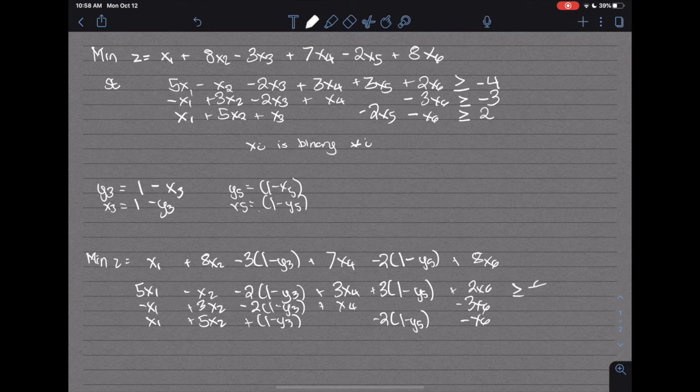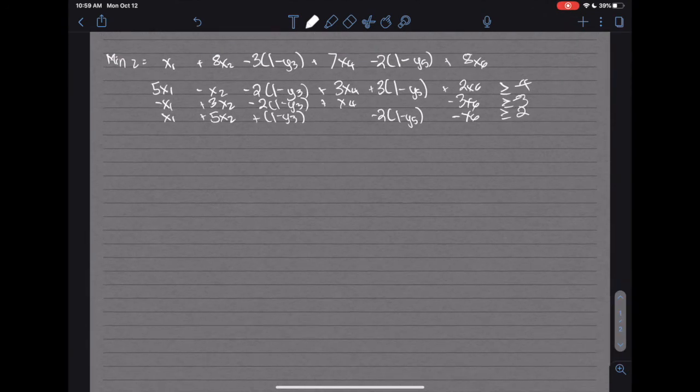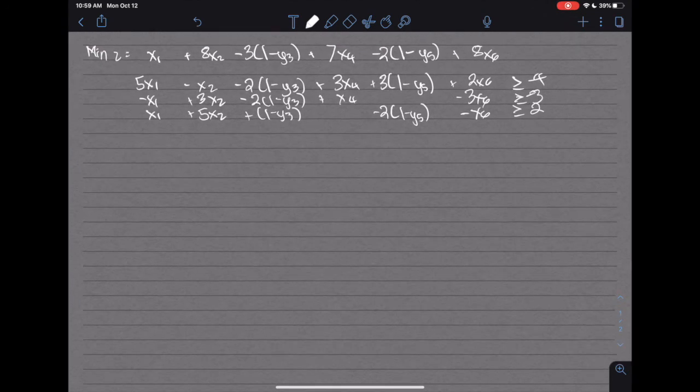And your right hand sides. Okay. So to make it easier, in the next step, just so everything is consistent and clear, I will have all the x variables transformed to y variables.